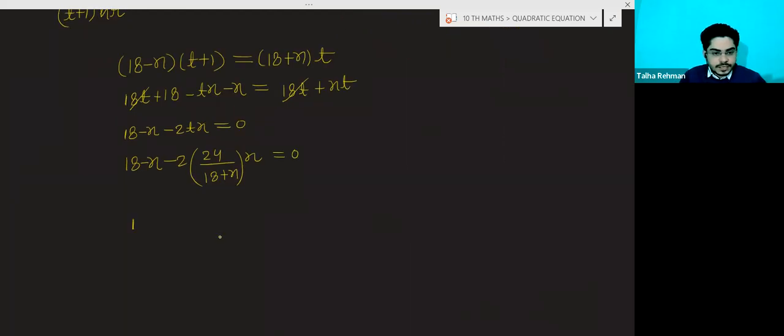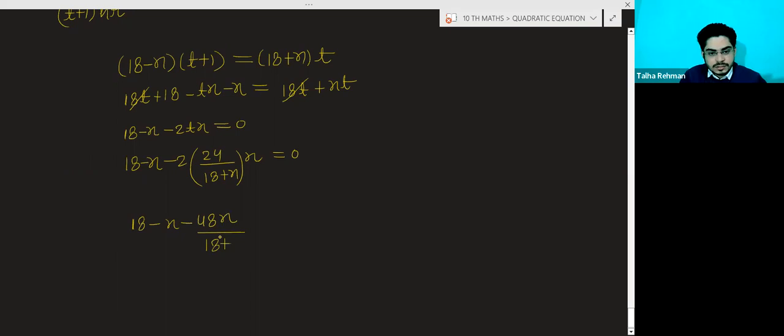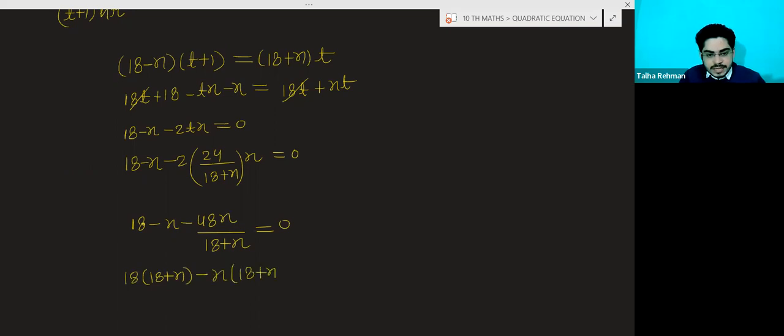It will become 18 minus x minus 48x divided by 18 plus x is equal to 0. Now multiply this, or you can take LCM, multiply 18 plus x with this. So it will become 18 into 18 plus x minus x multiplied by 18 plus x minus 48x is equal to 0.